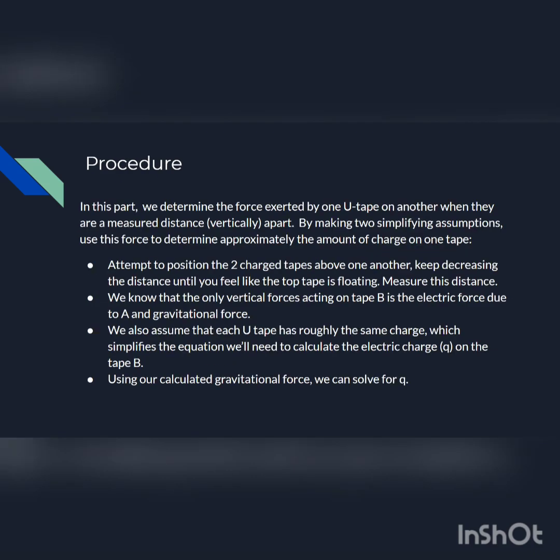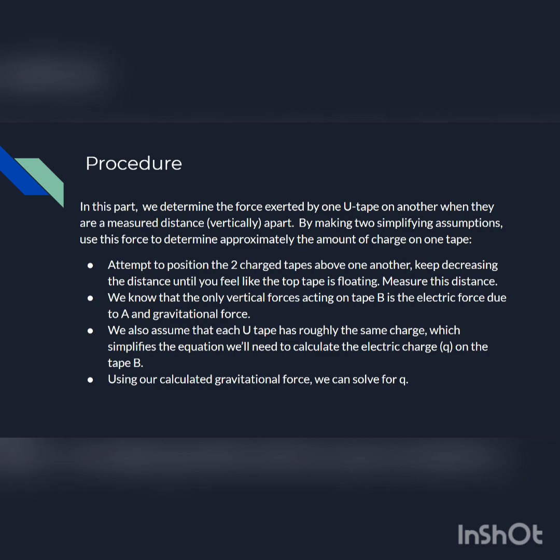So the procedure: in this part, we determine the force exerted by one U-tape on another when they are a measured distance vertically apart. By making two simplifying assumptions, we use this force to determine the approximate amount of charge on one tape. To do this, we attempt to position the two charge tapes above one another. Keep decreasing the distance until you feel like the top tape is floating.